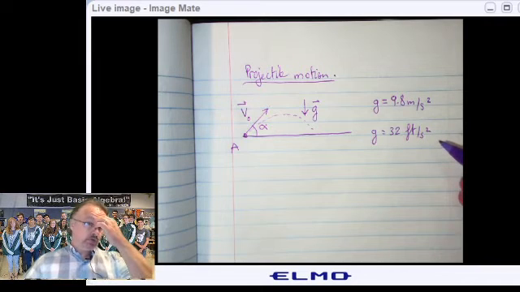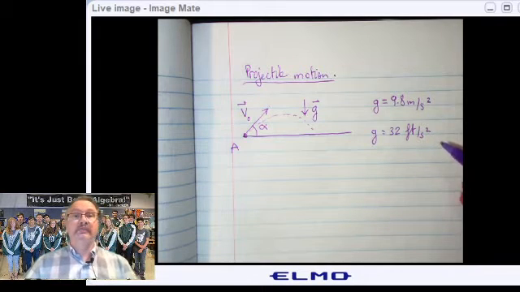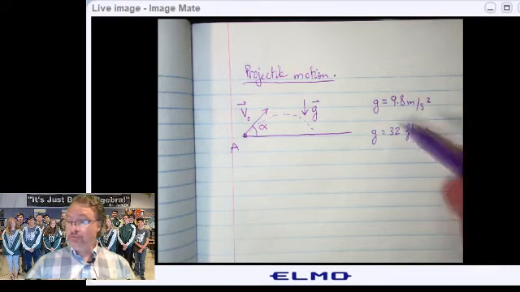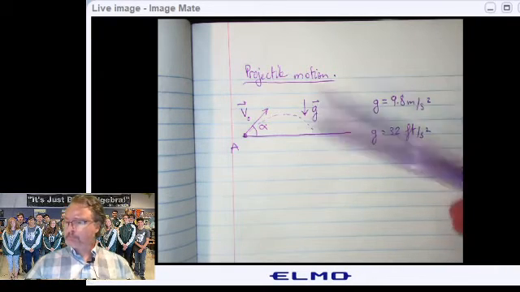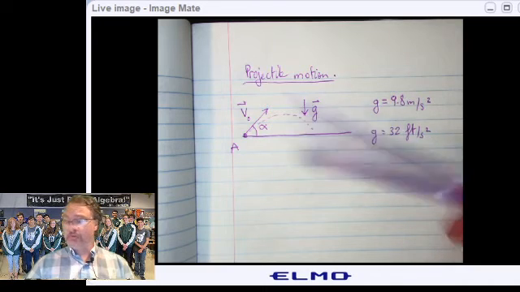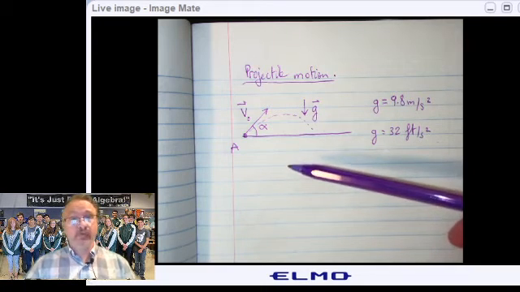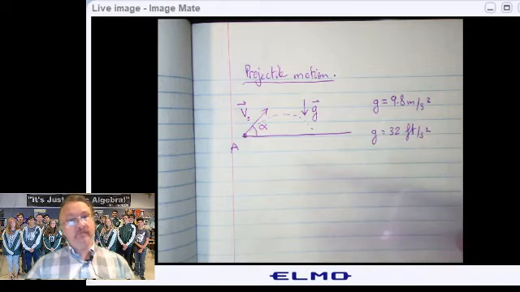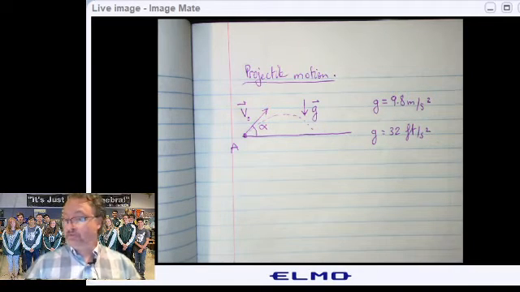Okay. So it is not the purpose of this class or this video to derive those formulas. I'm going to make another video where those formulas are derived, but here I'm just going to give you the kinematic equations for this.